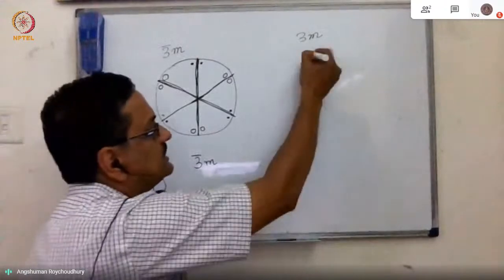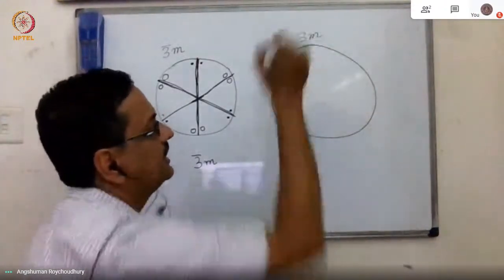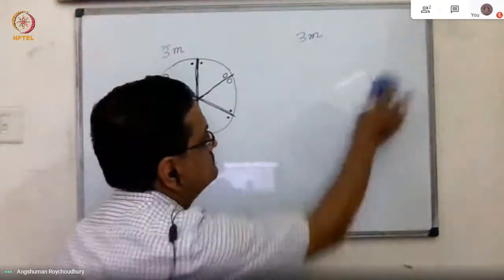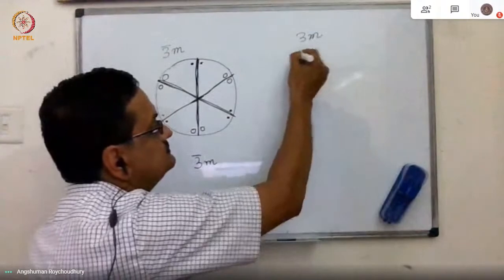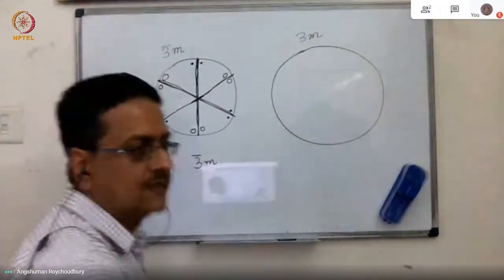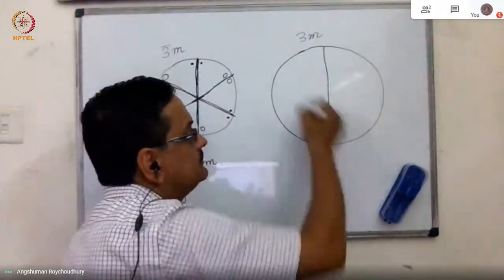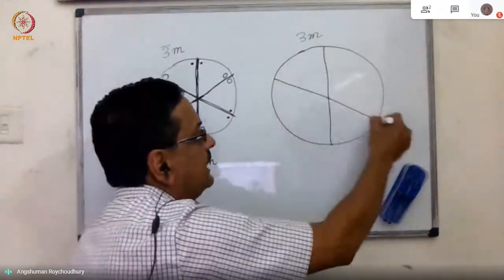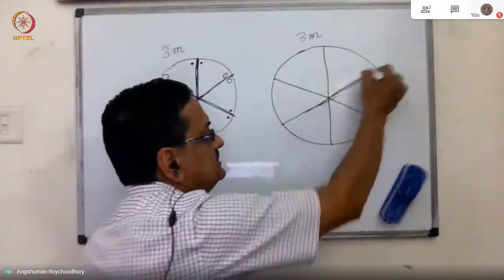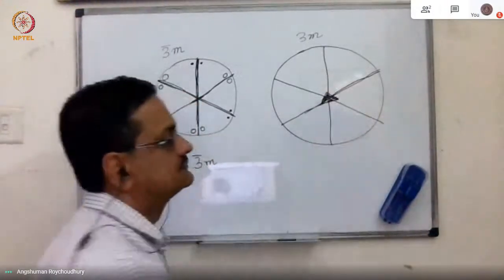So all the 3 planes are intersecting planes. Now when we go for 3m, how should it look? Again the same thing: I should divide it into 6 parts by drawing 3 lines at 120-degree angles because this is a 3-fold axis.